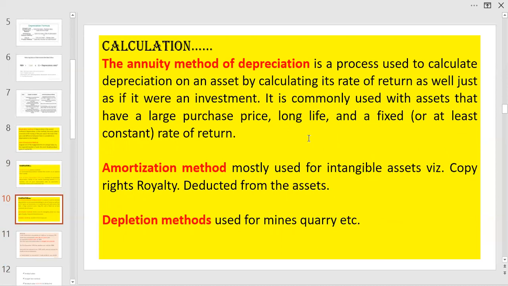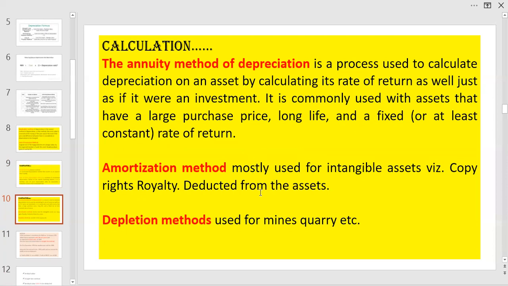If the rate of return expected doesn't fluctuate much, then the depreciation charge will come down from year to year. This method is commonly used where the value of the asset is very large and has a long period of life and fixed rate of return.